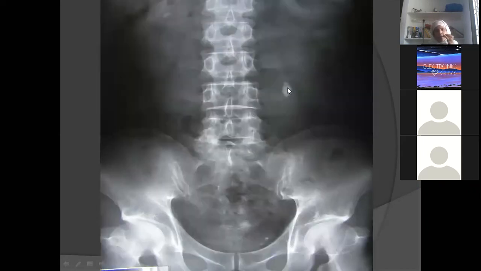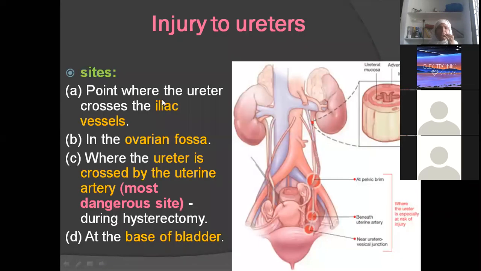This type of calcification we can guess may be due to stones. Are you able to hear me? Yes, ma'am. So this is the pelvic brim area. Beneath it is the uterine artery, and the place where it enters the urinary bladder, there also we may have stones. Now see here, the points where the ureter crosses the iliac vessels.